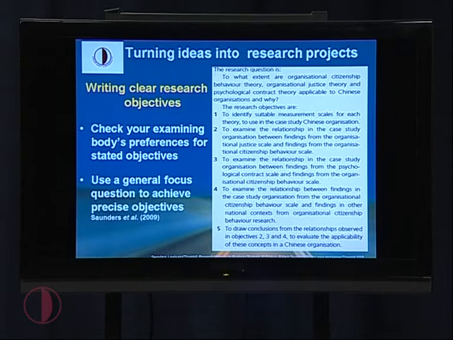To examine the relationship between findings in the case study organization from the citizenship behavior scale and findings in other national contexts. Maybe you compare between the Chinese organization and some European organization. And finally, to draw conclusions. This is to answer why.